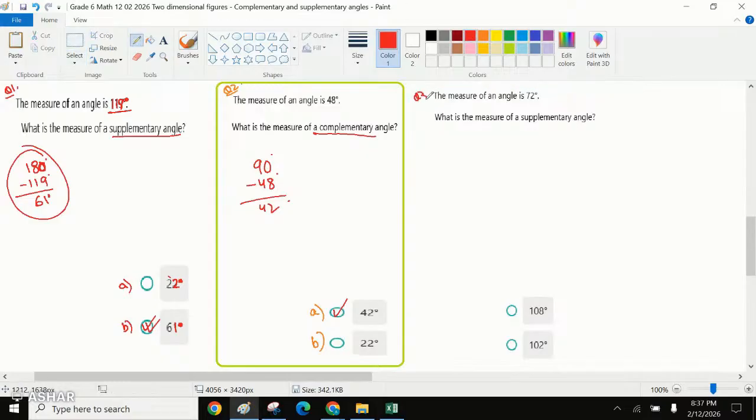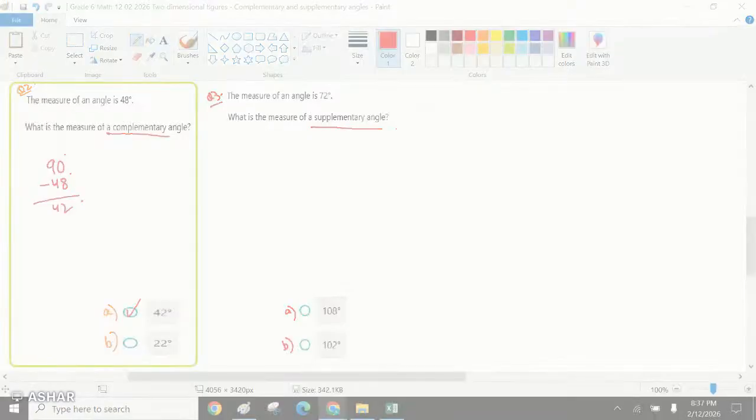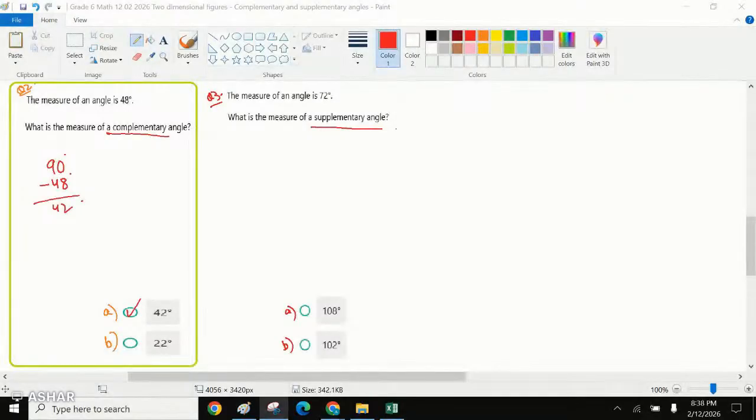Question number 3, option A, option B. We know that supplementary is always 180. Very simple. Add the last two digits. Rather than adding both the numbers, if you can sum up the last two digits and they become a 0, that means they are good enough.